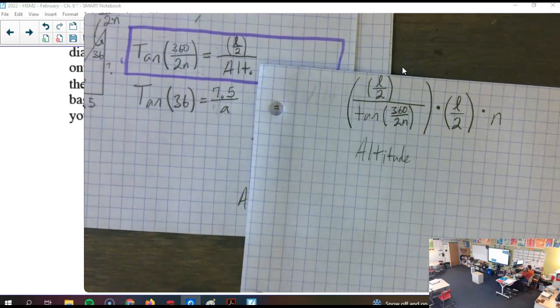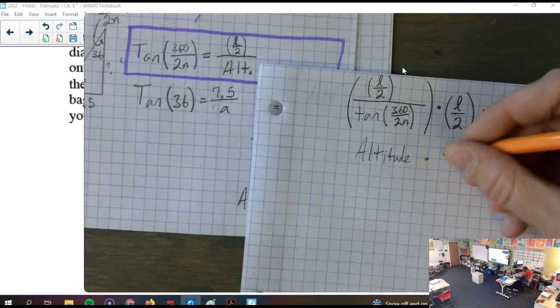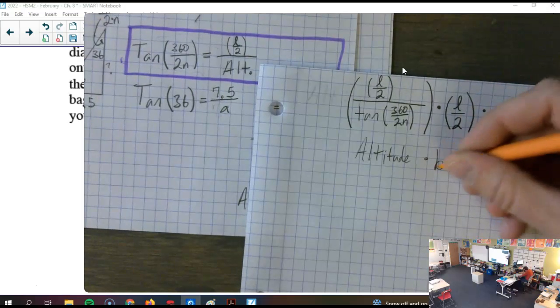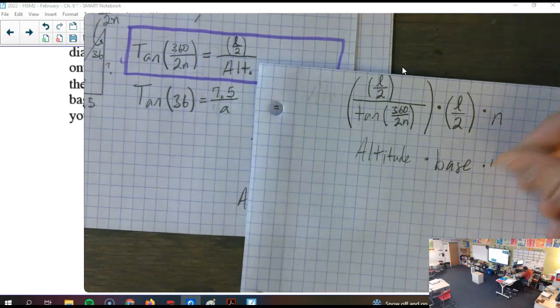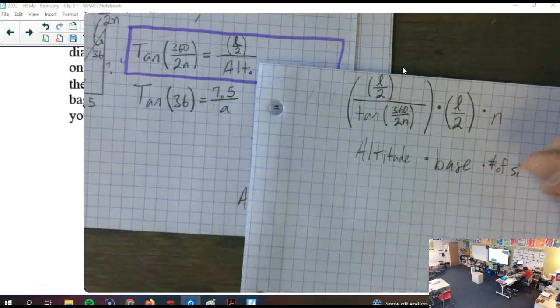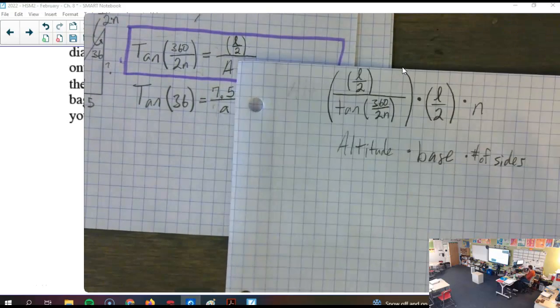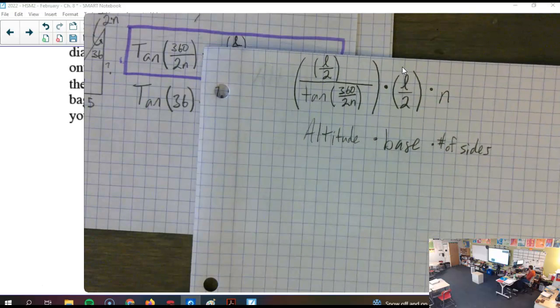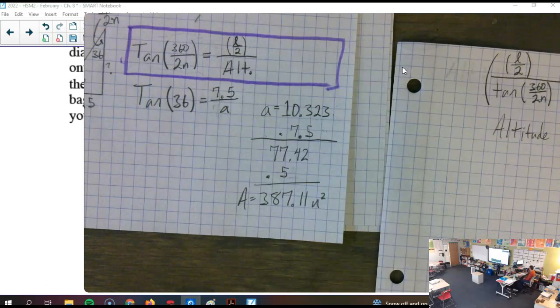I feel like there's a way we could clean this up a bit more. Altitude times base, right? We could call that base times number of sides. Huh. I'm feeling like we'd have to be very, very careful.